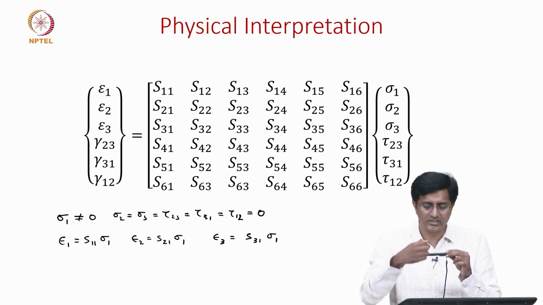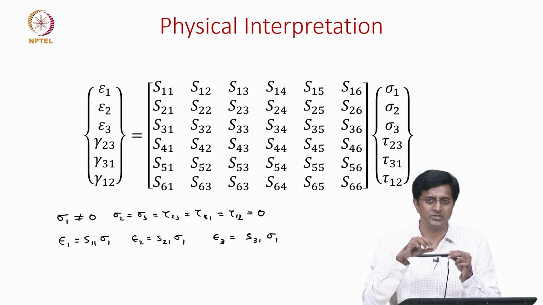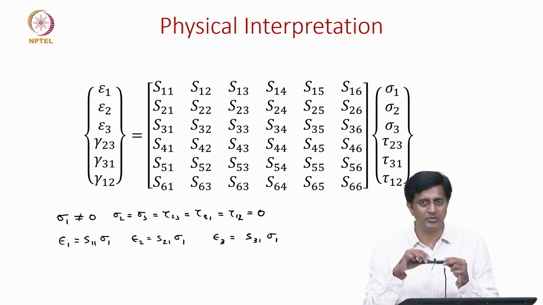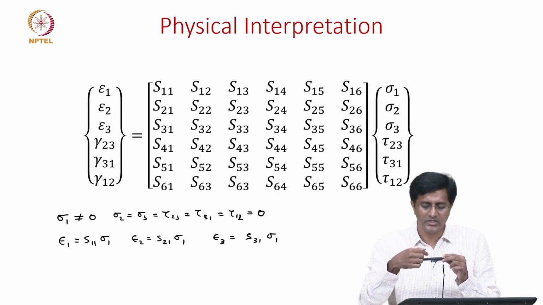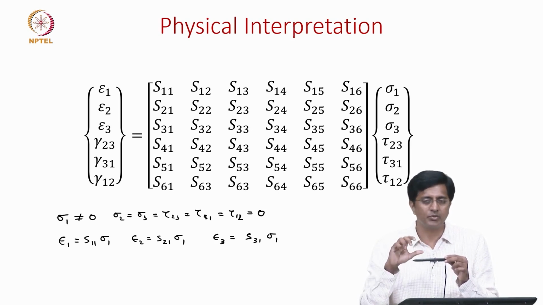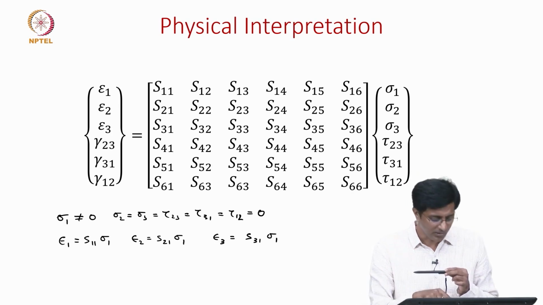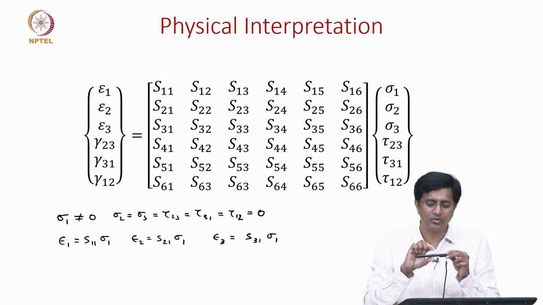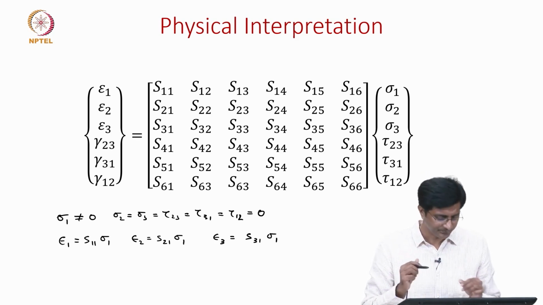So, in the second direction and in the third direction also there are changes in the dimensions. For an isotropic material too, we see that there is change in dimension, but the changes in dimension in directions 2 and 3 for an isotropic material are the same. But for an anisotropic material, the change in dimension in the second direction is different from the change in the third direction.